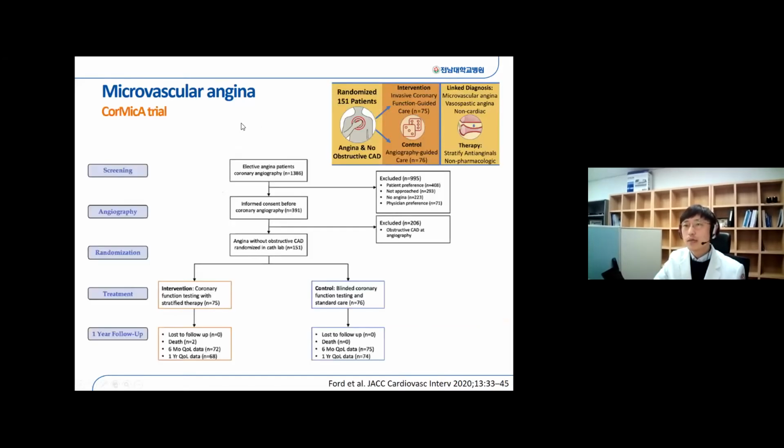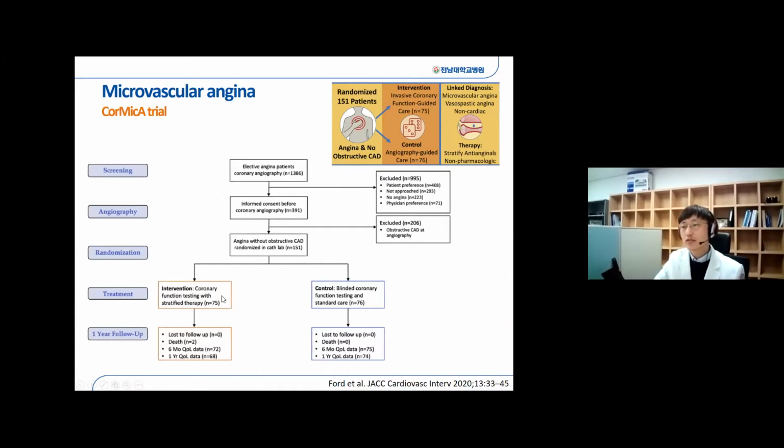So a recent trial, namely the CORMICA trial, randomized 151 patients who had anginal chest pain but no obstructive stenosis on coronary angiography. So they were considered to have microvascular angina. And they were randomized to intervention or control groups. And then the prognosis and quality of life were compared.